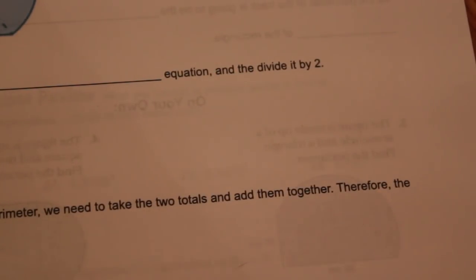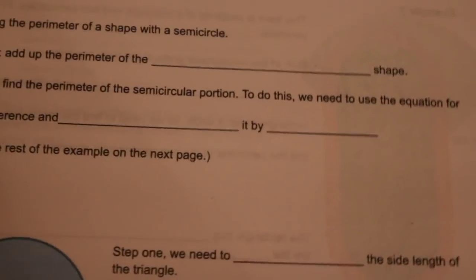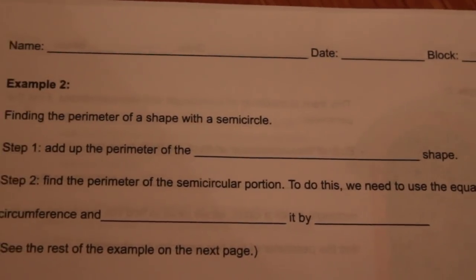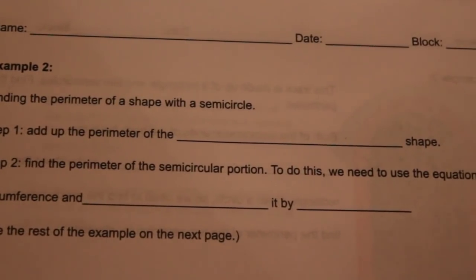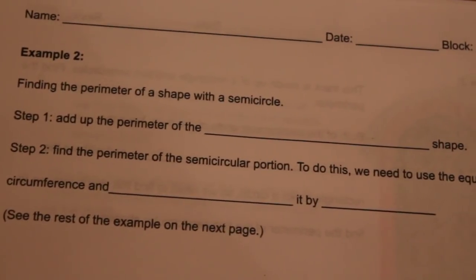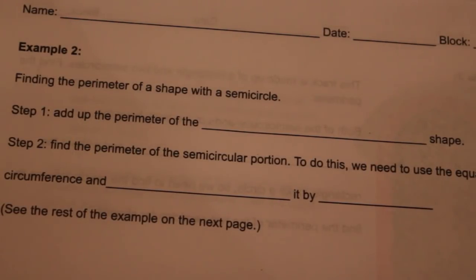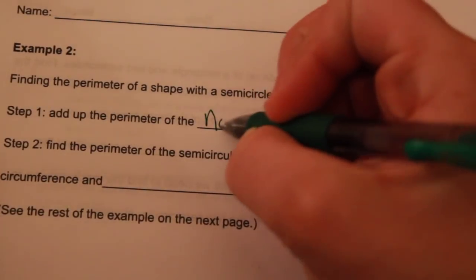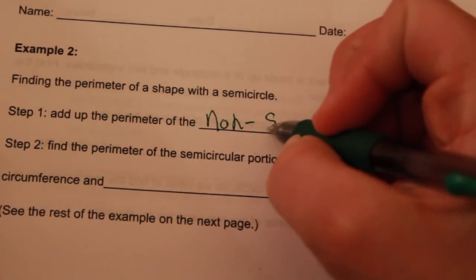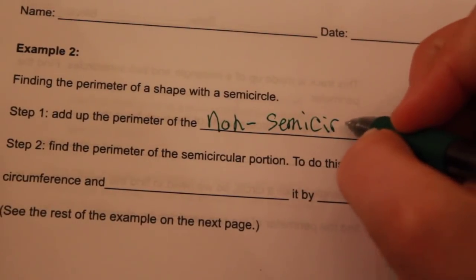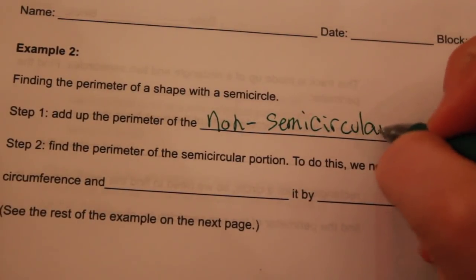Welcome back. Now we're going to look at example 2. Example 2 here. We are finding the perimeter of a shape with a semicircle. Step 1, we're going to add up the perimeter of the non-semicircular shape.